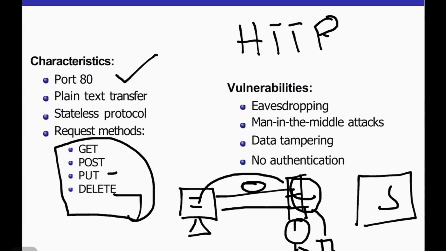He can delete some, and do whatever he wants with it. And when it comes to authentication, there is no authentication attached to HTTP. If you want to go inside, no one questions you, no one even talks to you or gives any concern about it. So you have the freedom to do whatever you want when it comes to HTTP.